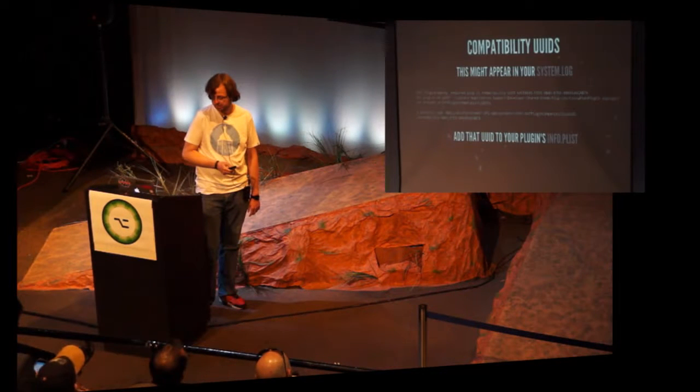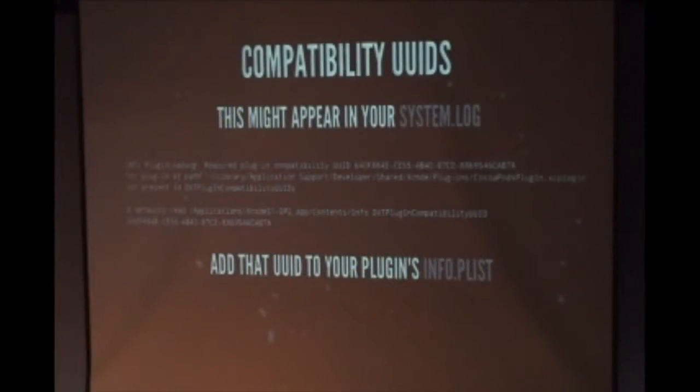Apple invented this mechanism to avoid this. A plugin now states which Xcode versions it's compatible with. Each Xcode version gets a UUID, and in the Info.plist of a plugin, it states, okay, these UUIDs I'm fine with. If the UUID of the Xcode you're using isn't there, it's not getting loaded.